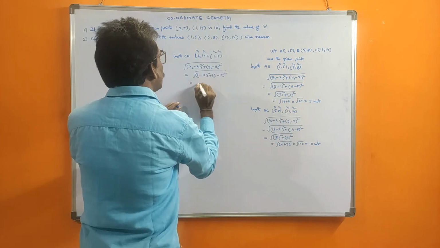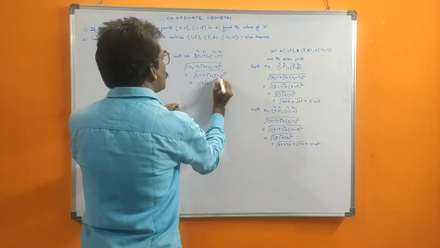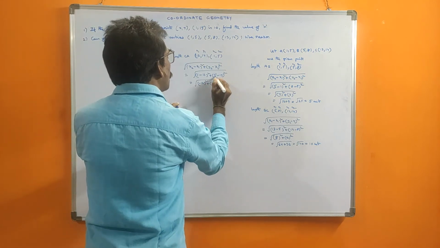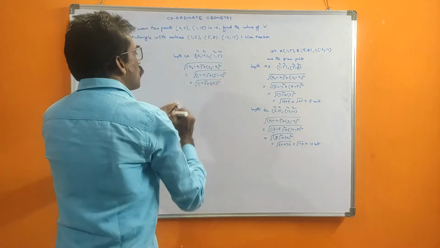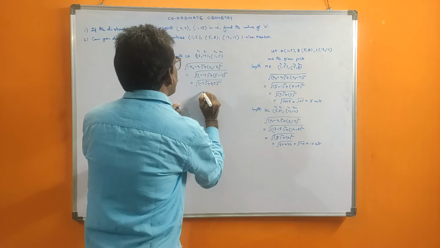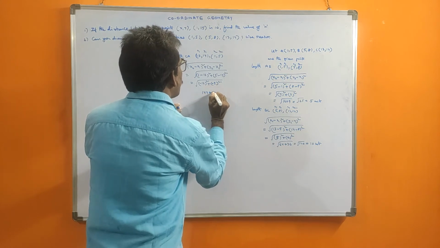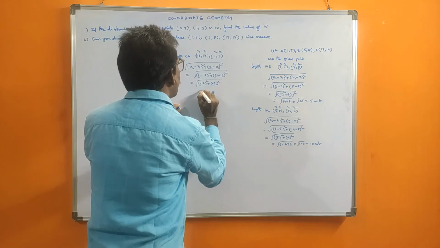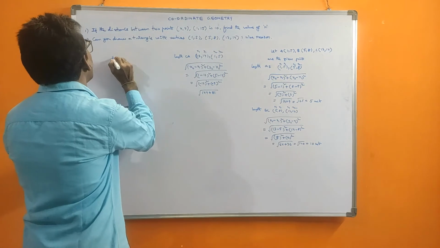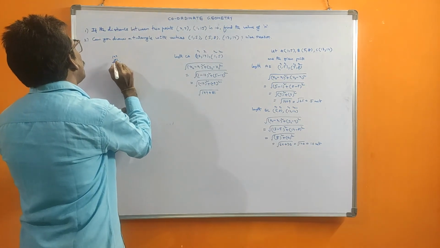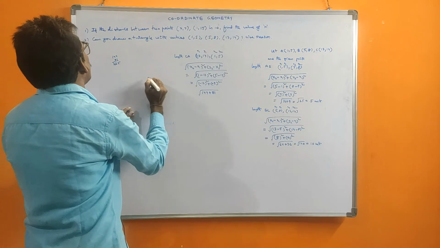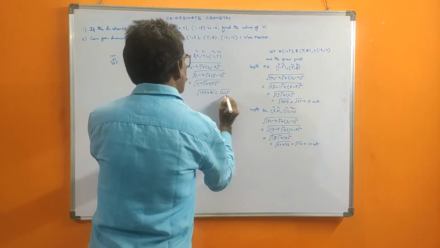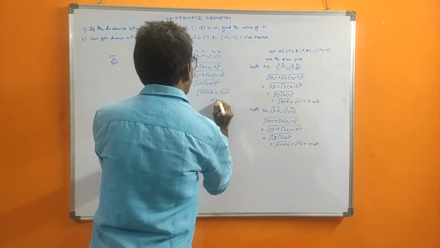This is minus 12 whole square plus minus 9 whole square. Minus becomes plus on squaring. This is 144 plus 81, because 9 nines are 81. 144 plus 81 is 225. We know 15 squared is 225, so this value is 15 units.